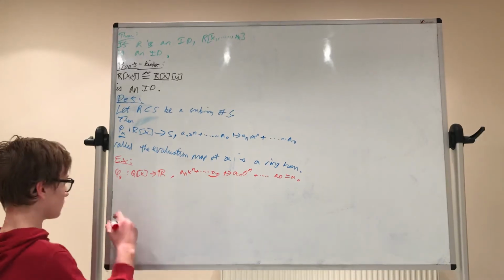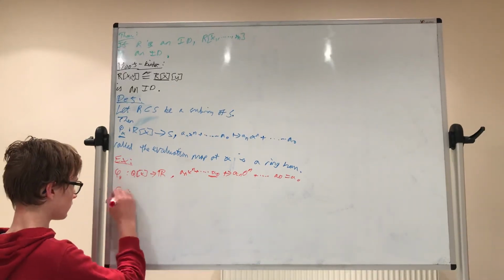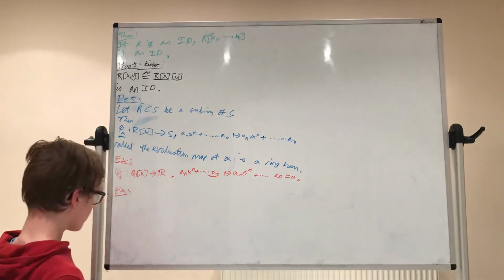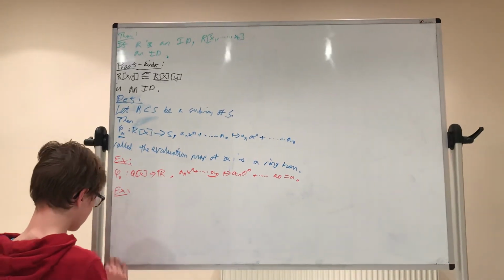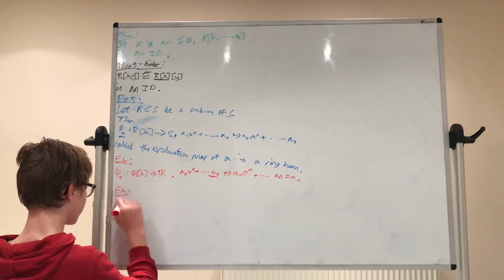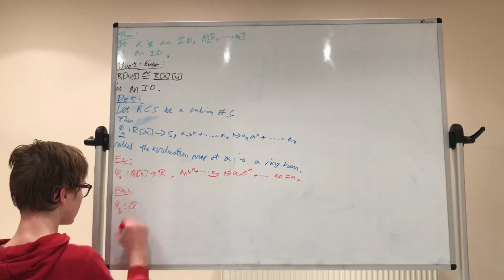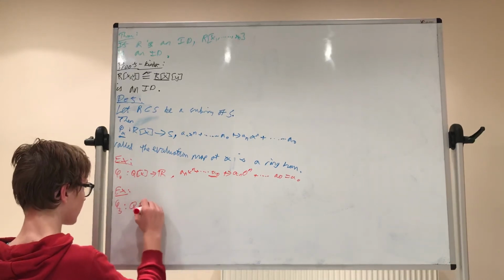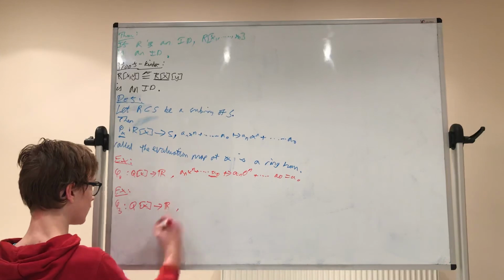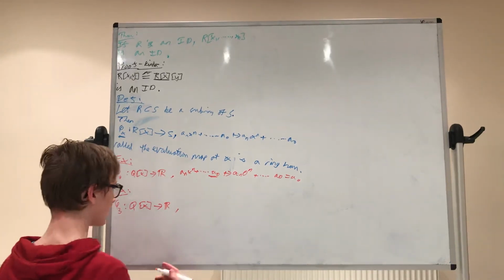Now there's another example. We'll have the evaluation map at 3 from, again, Q[x] to R. What's this going to do?